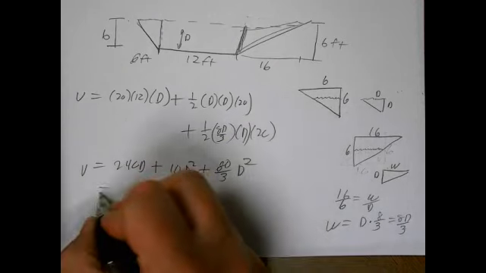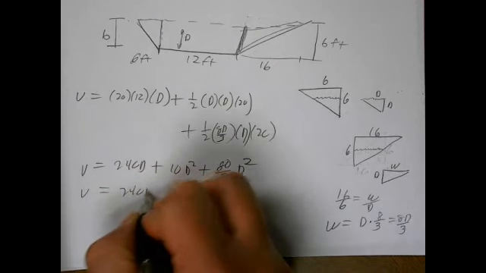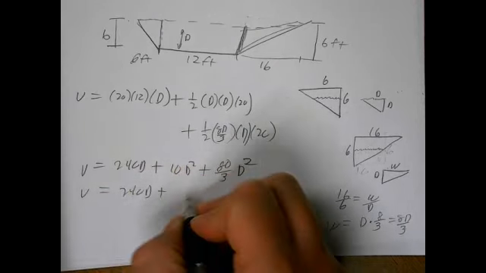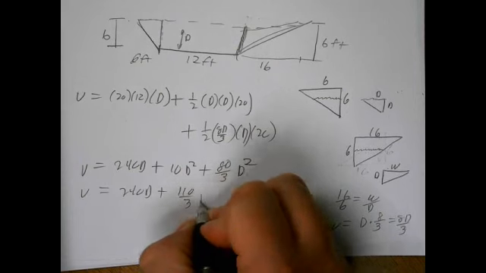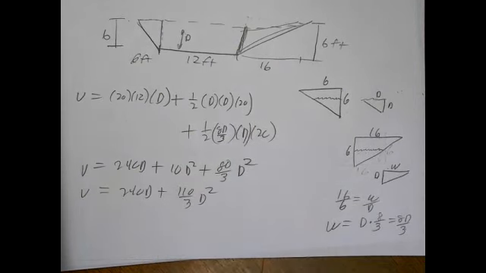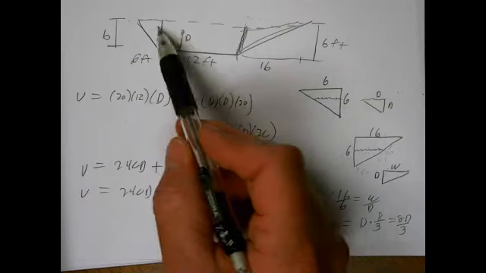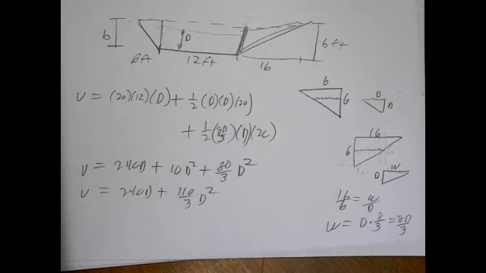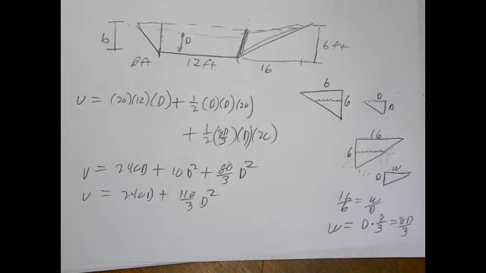And I get my volume equaling 240D plus 110 over 3 D squared. All right, so that's a volume formula. That tells me the volume of water in this pool when the water is at any arbitrary depth up to 6 feet. And we're going to be at 5. So that's the static equation for the volume of water in this pool.